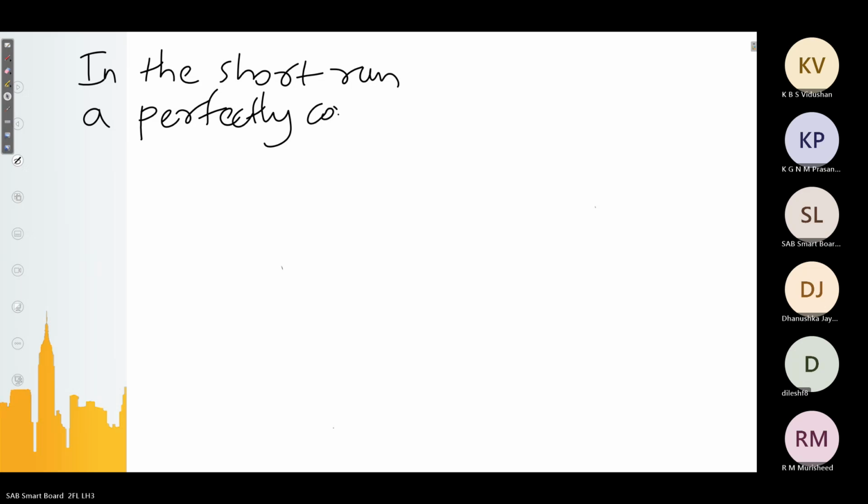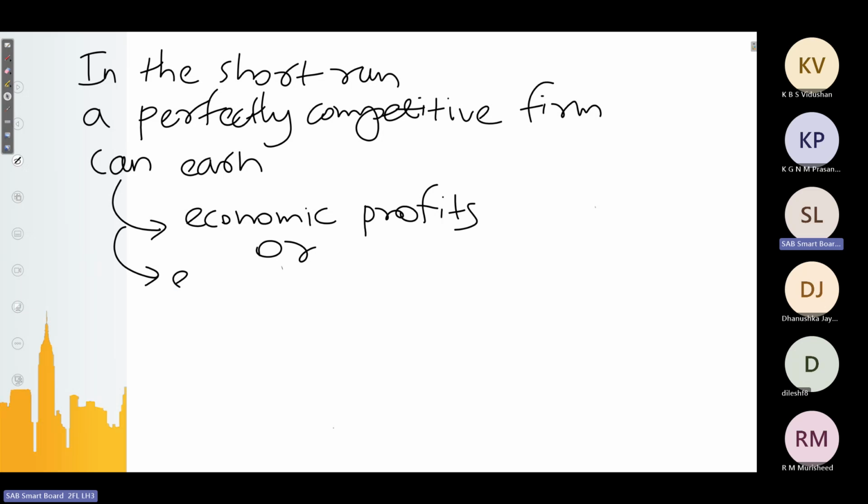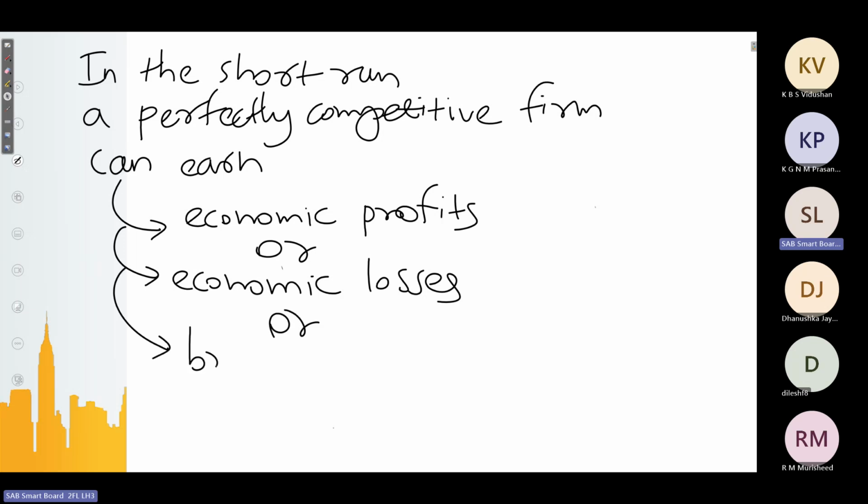In the short run, a perfectly competitive firm can earn either economic profits or economic losses or can operate at the break even.